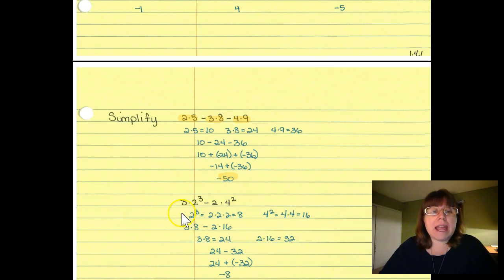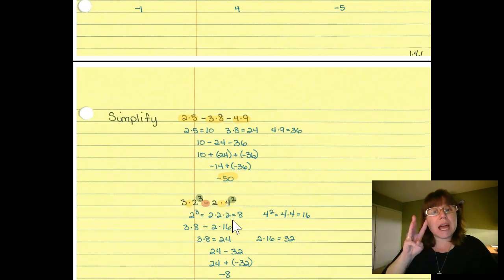Thus, try 3 times 2 cubed minus 2 times 4 squared. Parentheses, exponents. Exponents come first, before multiplication or subtraction. So right now I have a multiplication right there and right there. I have subtraction right there. And I have exponents as well.